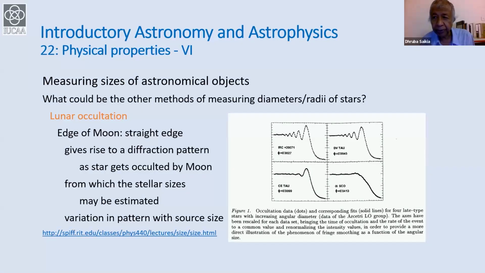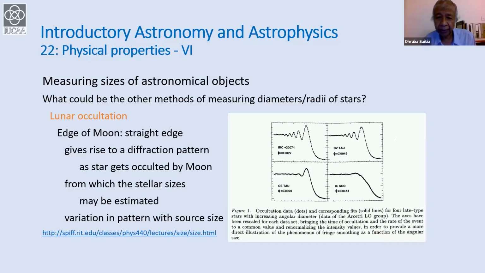In fact, the UT radio telescope, which we discussed when we talked about the radio window of the electromagnetic spectrum and radio observations, follows the moon. It follows the moon to measure the angular sizes of compact radio sources. And looking at the diffraction pattern, you will be able to infer the size of the compact radio source.